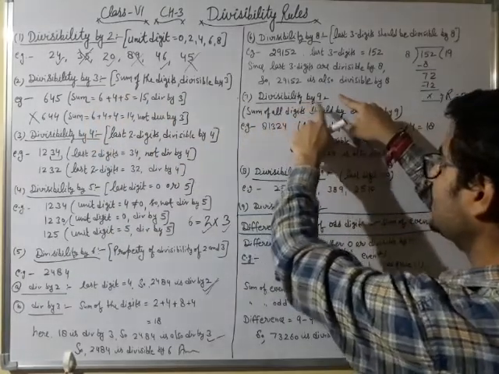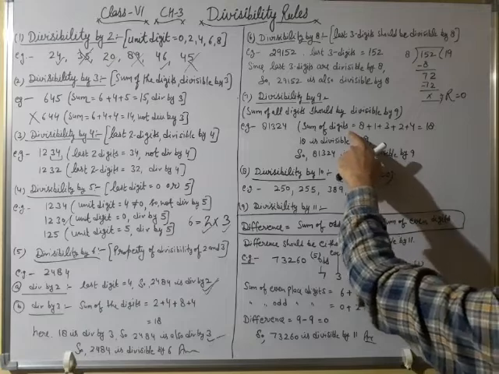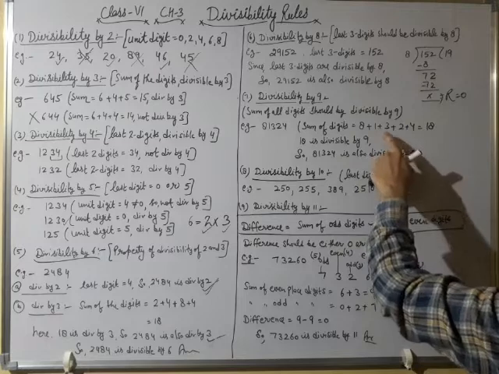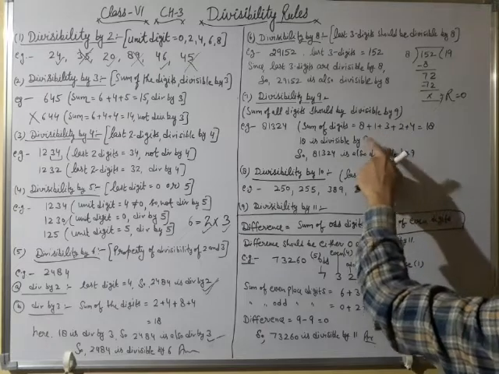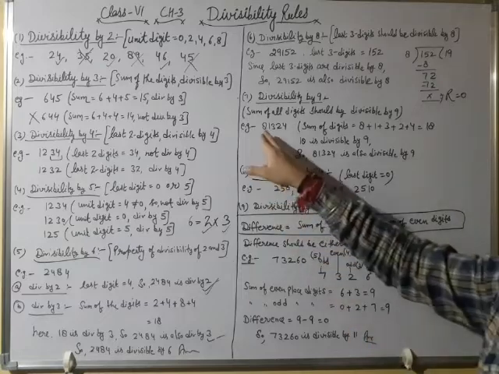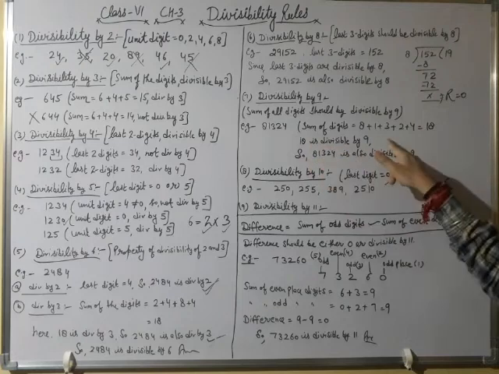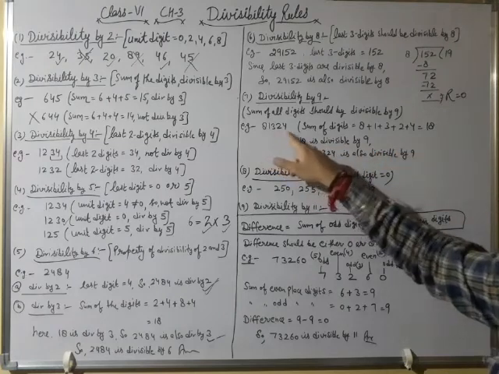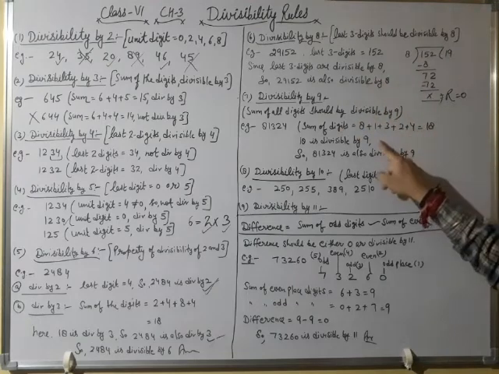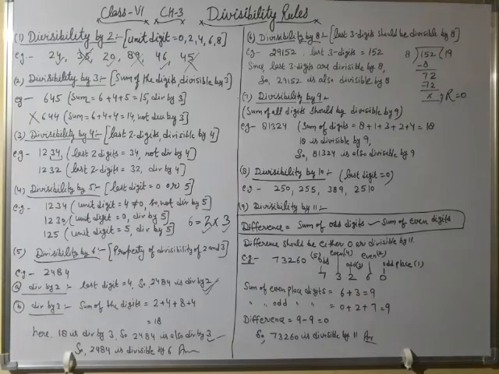In divisibility by 9 we will again find the sum of the digits, but because it is the property of 9, if the sum of the digits is divisible by 9 then the number will also be divisible by 9. Example 4, 81324. Sum of the digits is 18. 18 is divisible by 9. Therefore 81324 is also divisible by 9. If the sum is not divisible by 9 then the given number will not be divisible by 9.